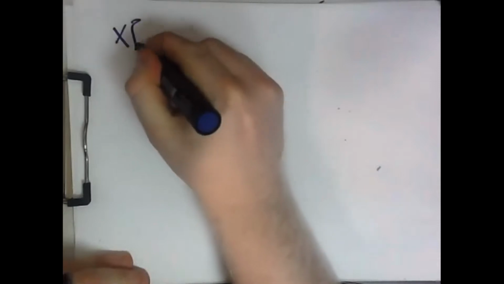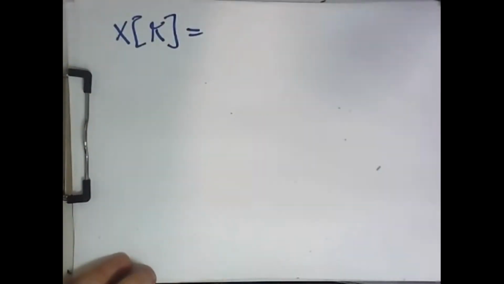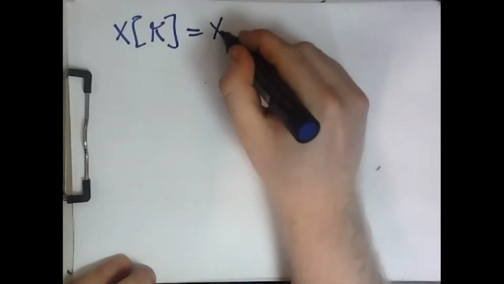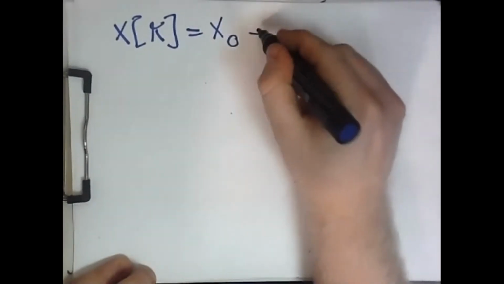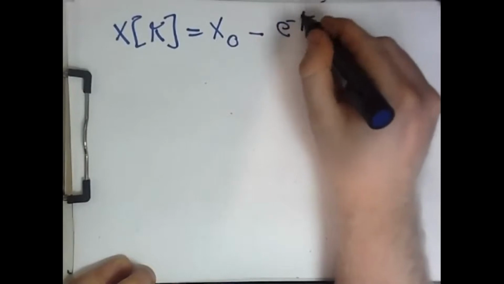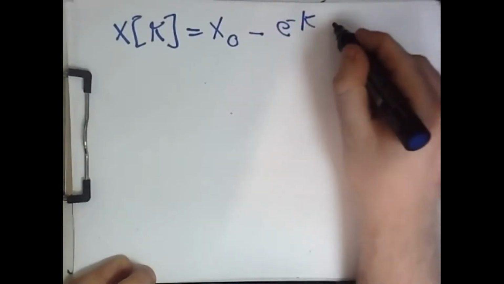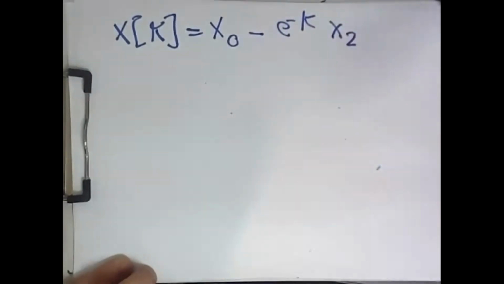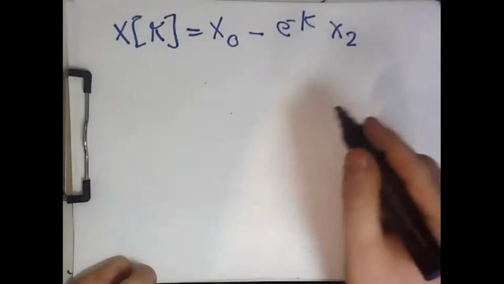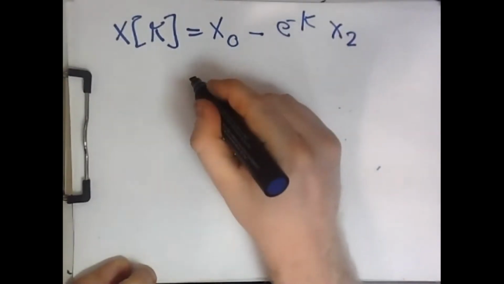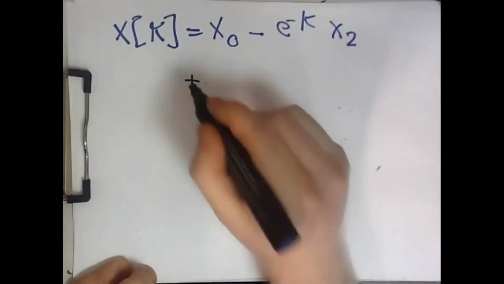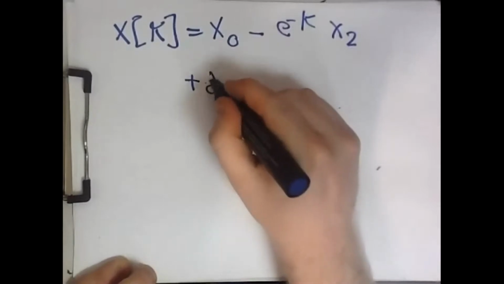So let's say it again. X of k equals x of 0 minus e power minus k x of 2. And here we have plus j.